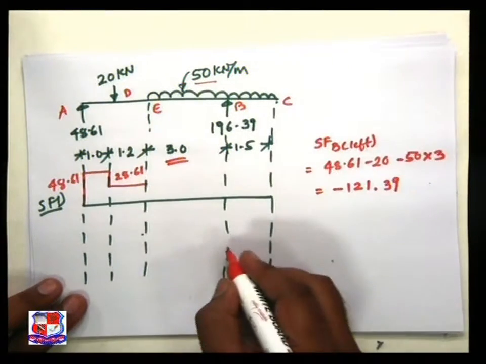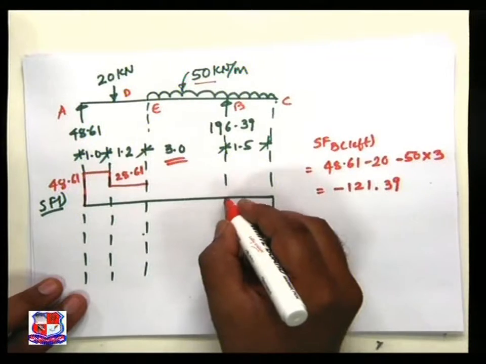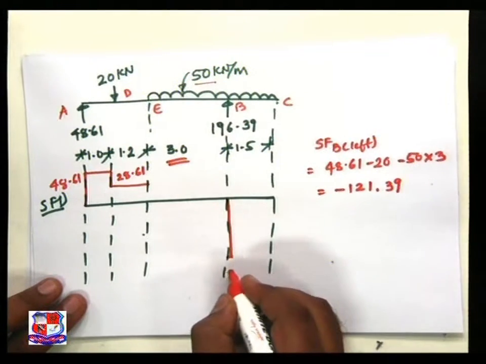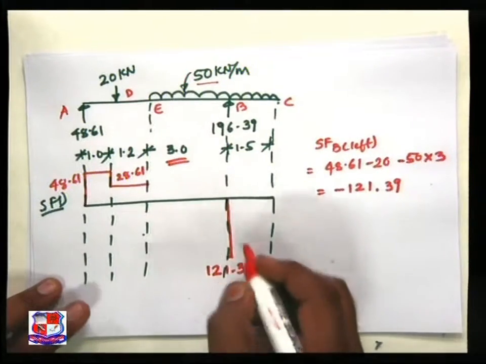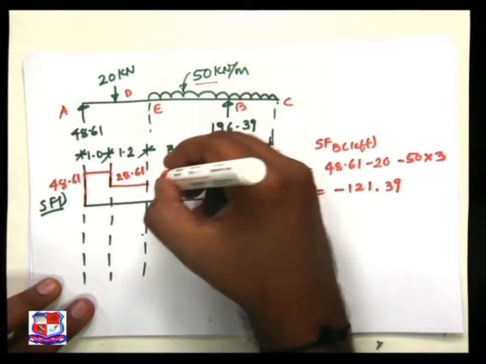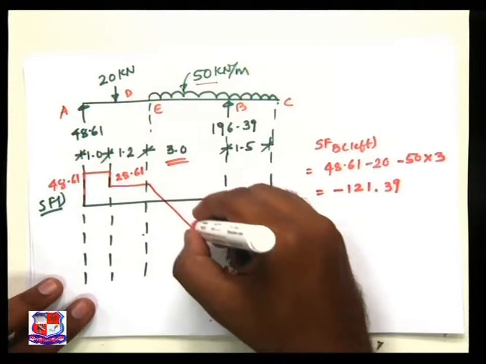So we achieve this ordinate of 121.39, and there is a UDL, which is joined by an inclined straight line.